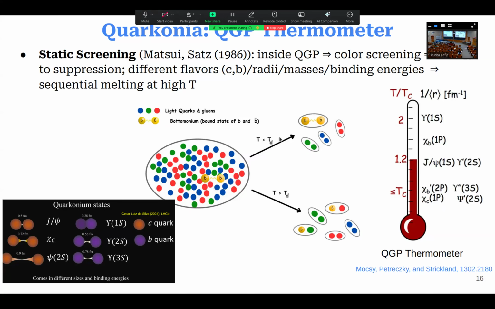If the temperature is low, they don't dissociate. Since quarkonia come in different sizes and binding energies, the tightly bound states melt at really high temperature, and shallow bound states melt at low temperature. This provides a QGP thermometer. So you can estimate the temperature of the QGP by studying different states, and that provides a QGP thermometer.